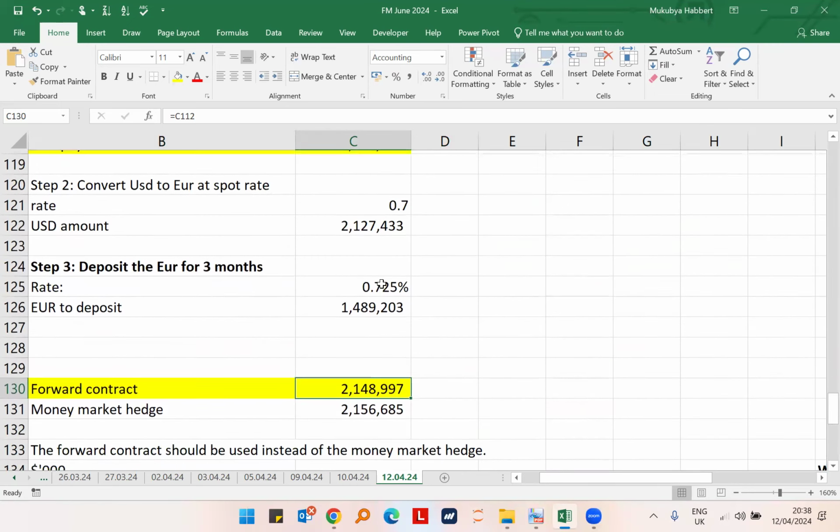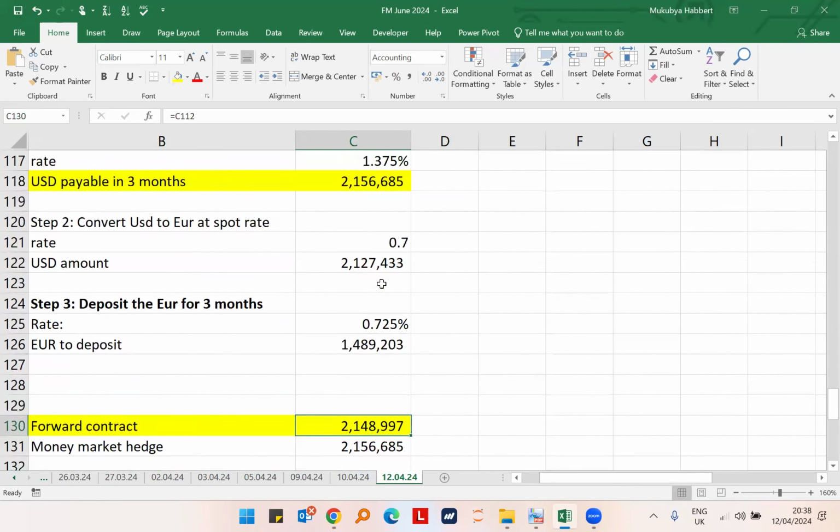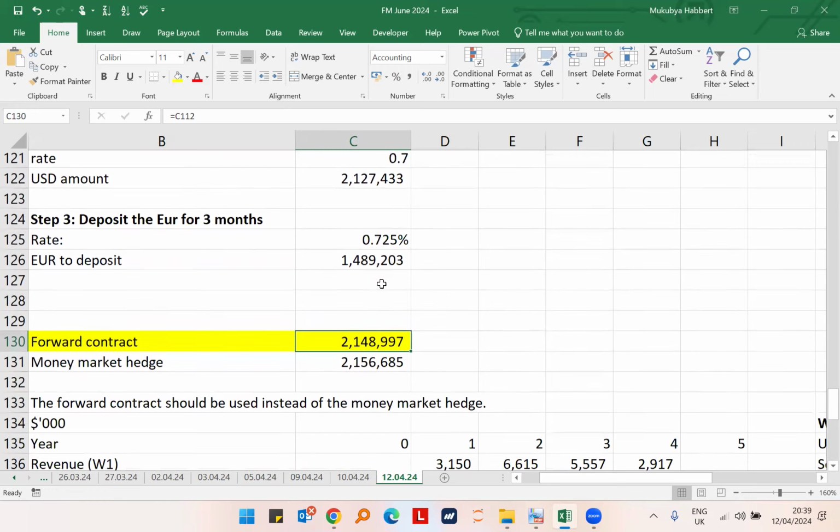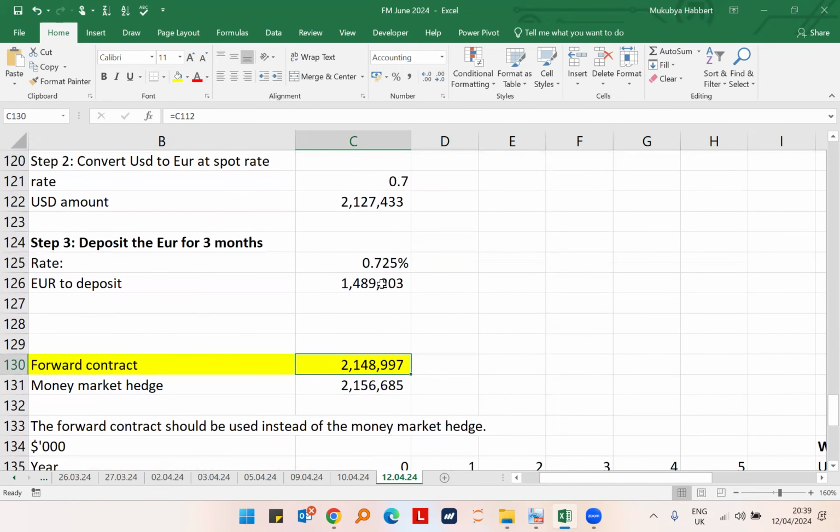Now, I told you that FX or interest rate is going to come in some way or shape in your exam. That is a given. There is no way you are going to escape it. Now, if they chose to bring it as part of another question, that's also something that they can do, or they can bring it as its own question. Now, if they bring it like this as part of a question, of course, I expect that you are going to be knowing how to do it and pass.